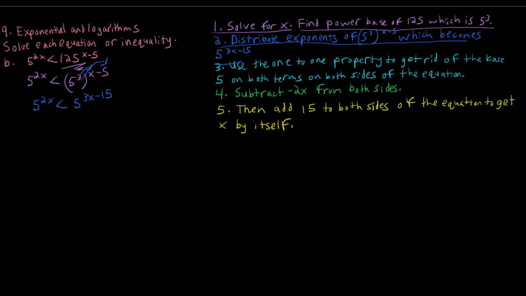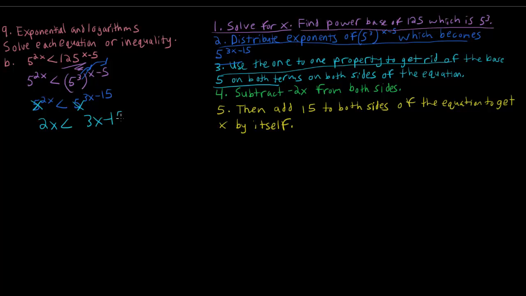Step 3, use the 1-to-1 property to get rid of the base 5 on both sides of the equation. The 1-to-1 property says you get a 5 on the left side and the right side, you can get rid of it. And that just leaves us with the exponents: 2x is less than 3x minus 15.